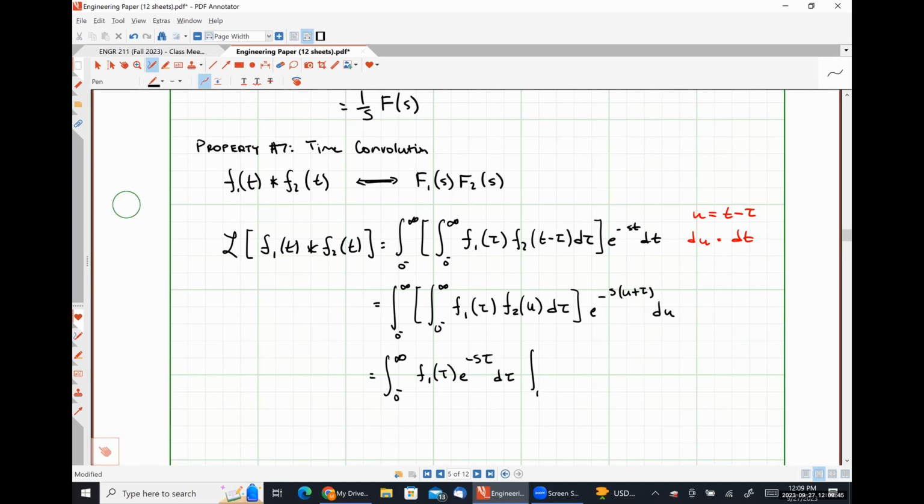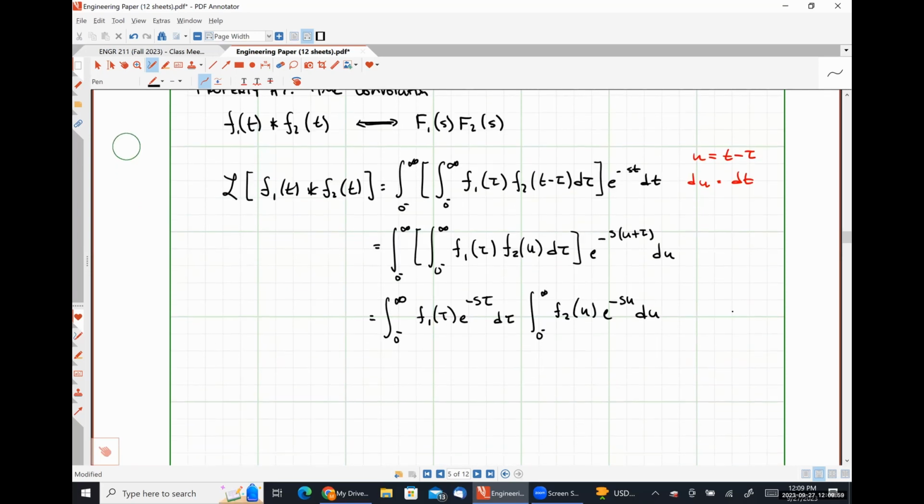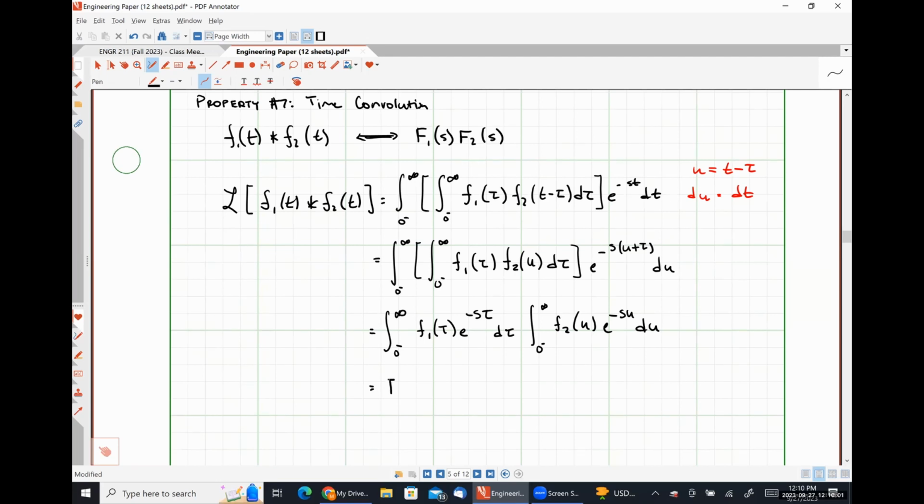Times the integral from 0 minus to infinity of f2 of u e to the negative su du, which is just the Laplace transform of our first function multiplied by the Laplace transform of our second function. So this is the proof for the convolution property.